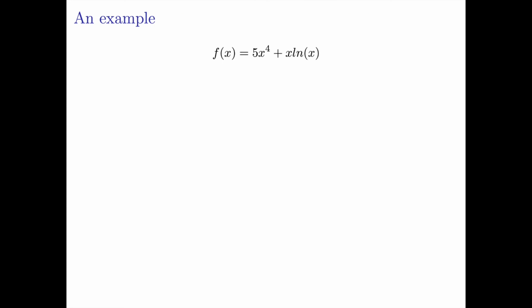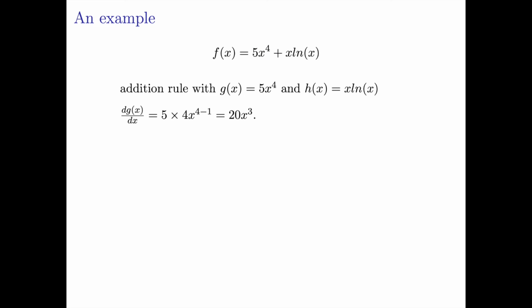So let's work through this example where f of x is 5 times x to the 4th plus x log x. Right away we see that we can use the addition rule because we've got the sum of two different functions of x. So we're going to let g of x be 5 times x to the 4, and we're going to let h of x be x log x. So the first task is to calculate the derivative of g of x, which is 5 times x to the 4th.